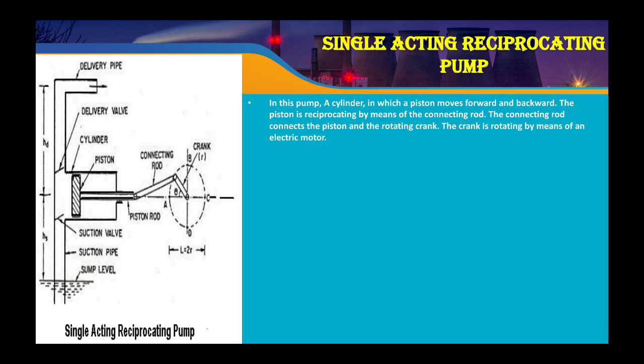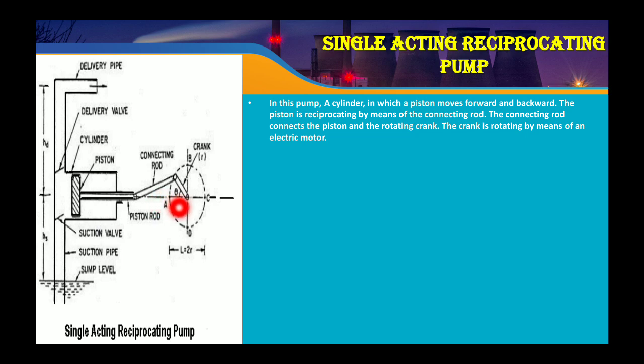In this pump, a cylinder in which a piston moves forward and backward. Here you can see the cylinder, and the piston moves forward and backward. The piston is reciprocated by means of the connecting rod. The connecting rod connects the piston and the rotating crank.